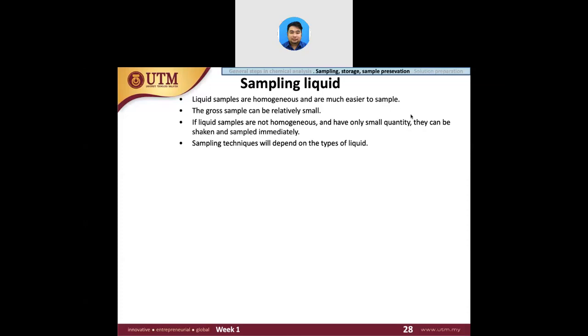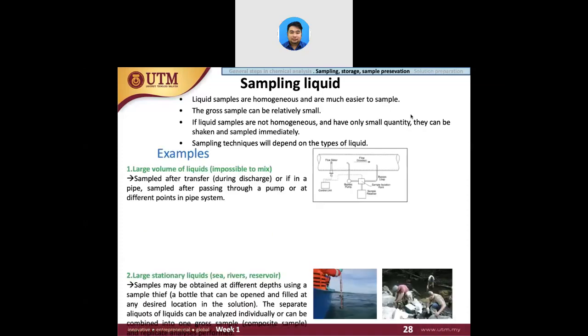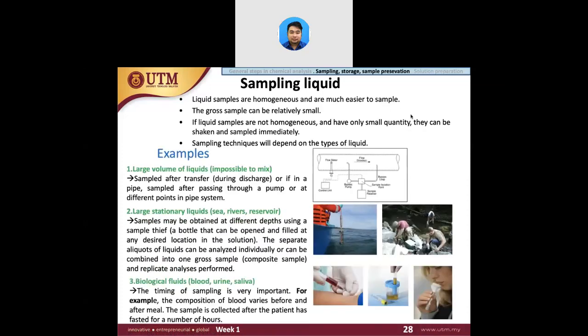Okay, sampling techniques for liquid will depend on the type of liquid. So this is an example. Large volume of liquids, usually sample after transfer using a pipe or something like that. Or large stationary liquids, for example seas, rivers, reservoirs.